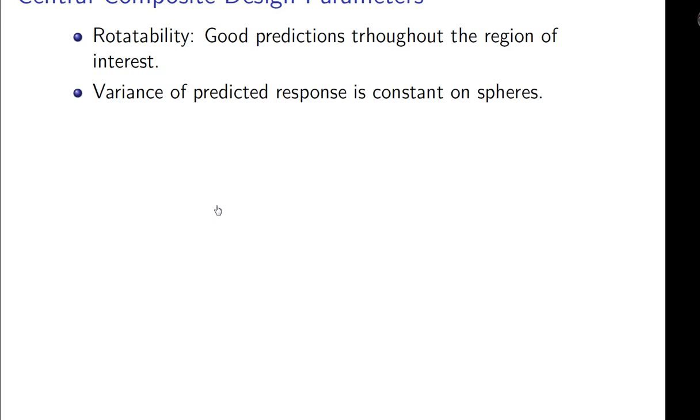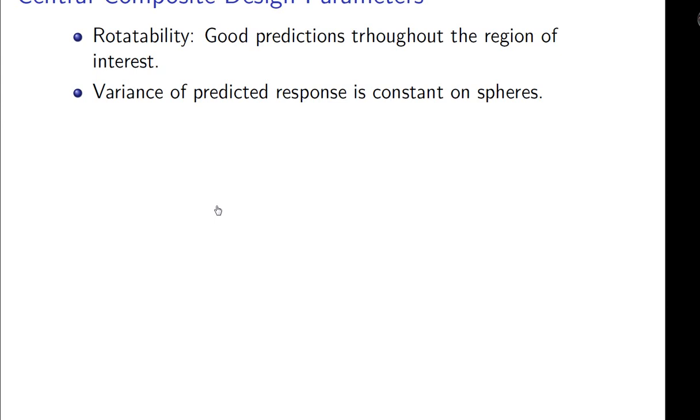Another way of thinking about rotatability would be that the variation in the response variable would be constant on a sphere. This is not a two-dimensional case now, but if I have a three-dimensional space or something higher, that is, three or more factors in this experimental design, then the response values lie on a sphere or a higher dimensional surface.